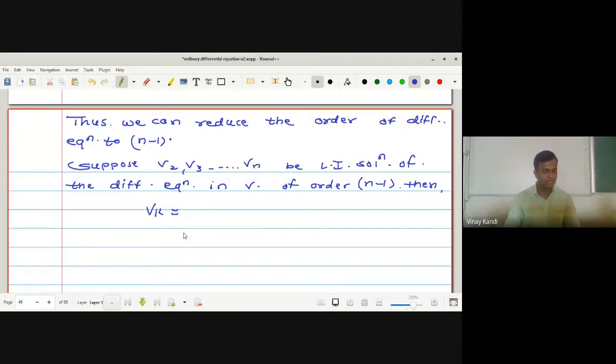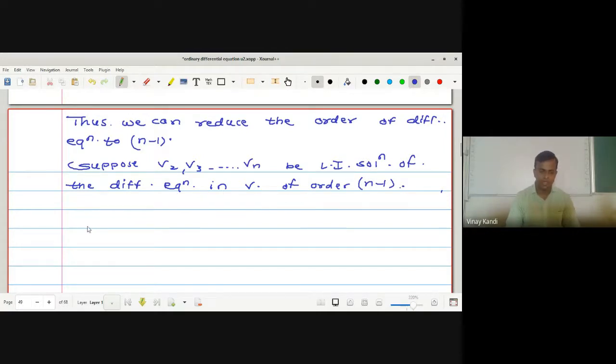Okay, look at this: v2, v3, vn be the linearly independent solutions of the differential equation in V of order n minus 1.